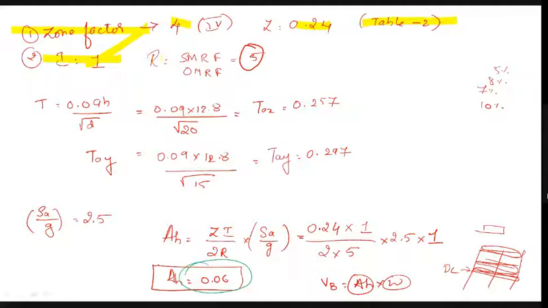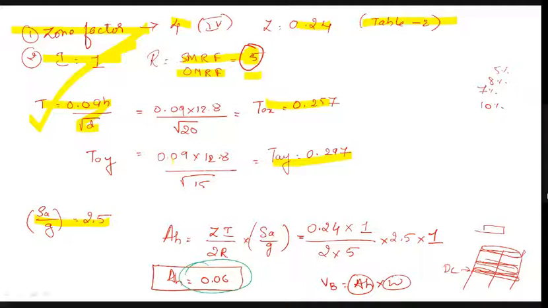For the R value, just check which value he has given, SMRF or OMRF. If he has mentioned SMRF, take the value as 5. If he has mentioned OMRF, take 3. Okay, as in the question it is infilled with brick masonry, so I will go with this formula. So I will get the time period in both x-axis and y-axis.